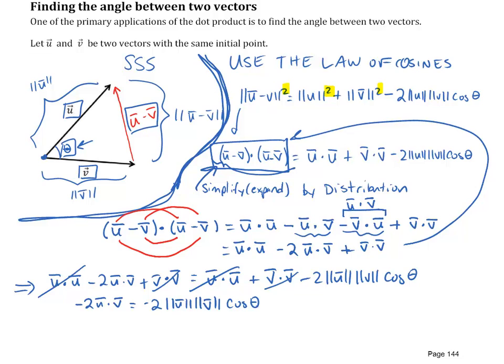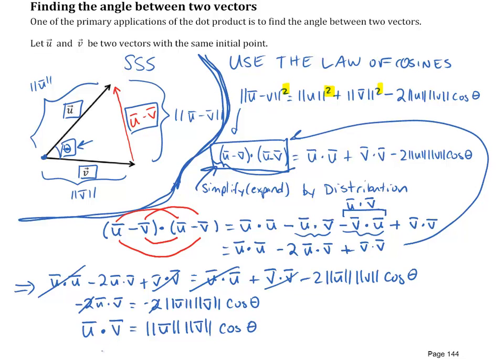And if I divide both sides by negative 2, the result is u dot v is equal to the magnitude of u times the magnitude of v times cosine of the angle between the two vectors.